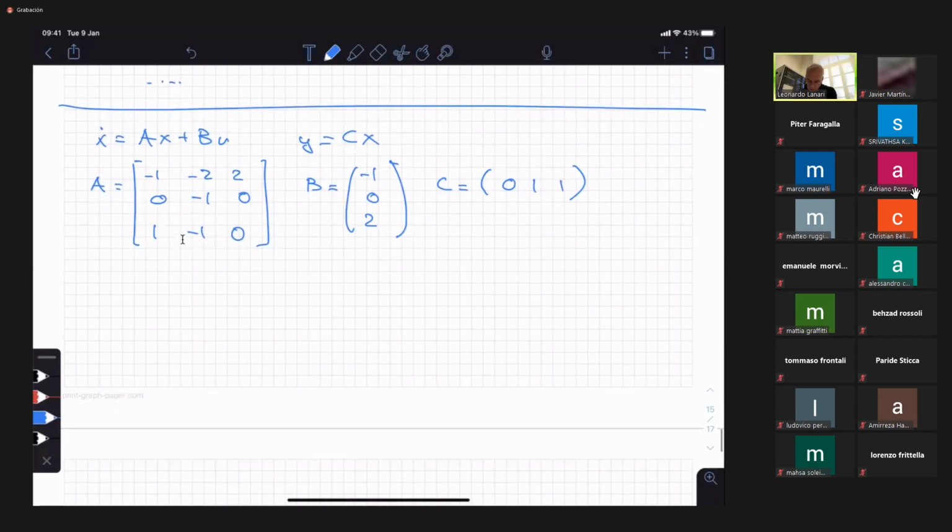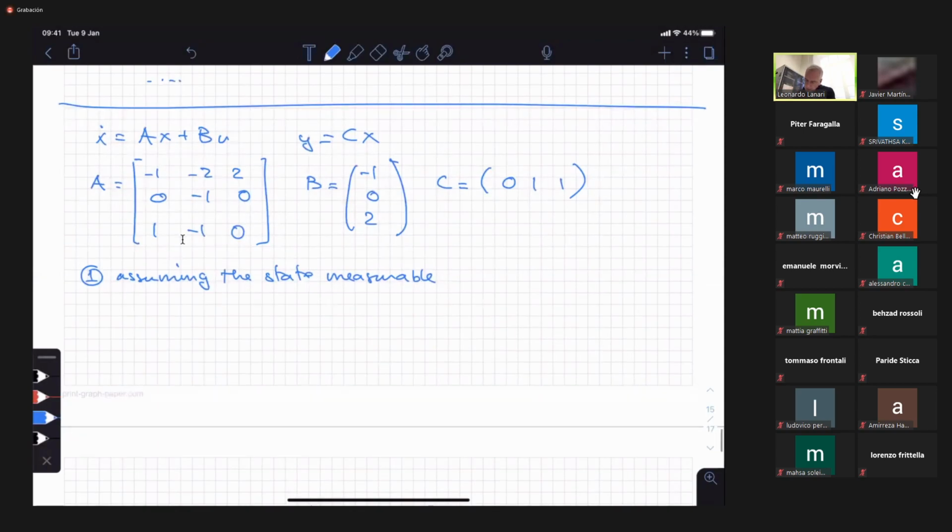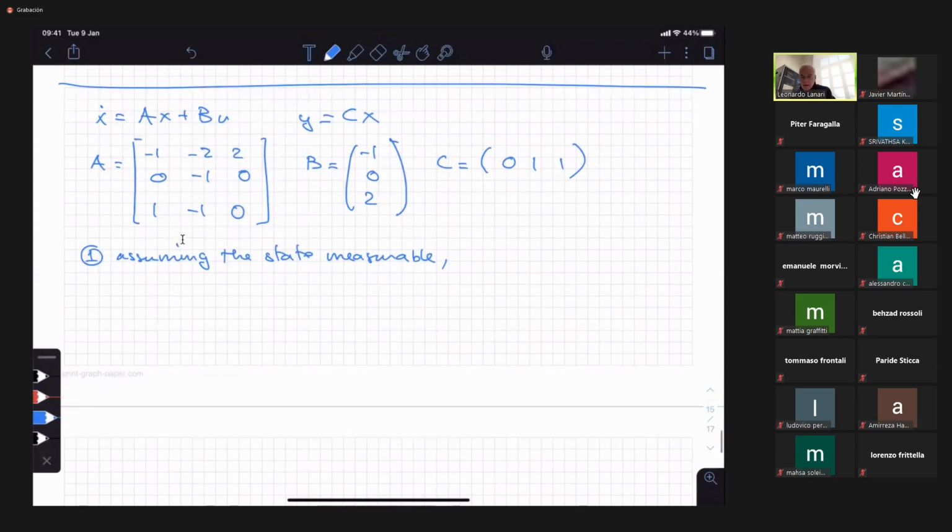And there were two questions. First question, assuming the state measurable. So when you hear state measurable, you understand that we are in a state space setting, because when we deal with transfer functions, we are just looking at the output. Assume the state, build a state feedback.